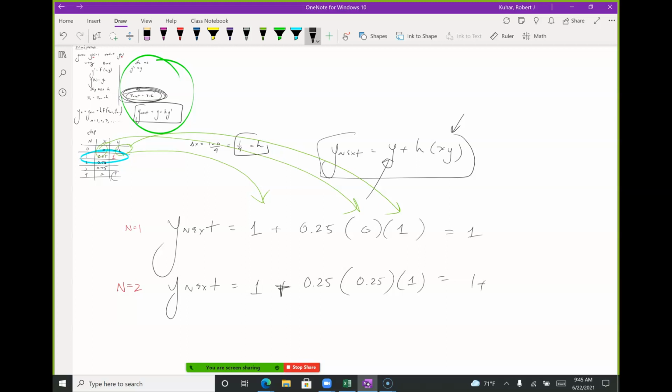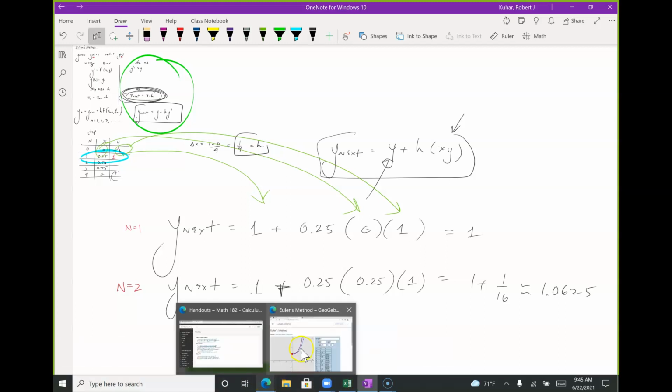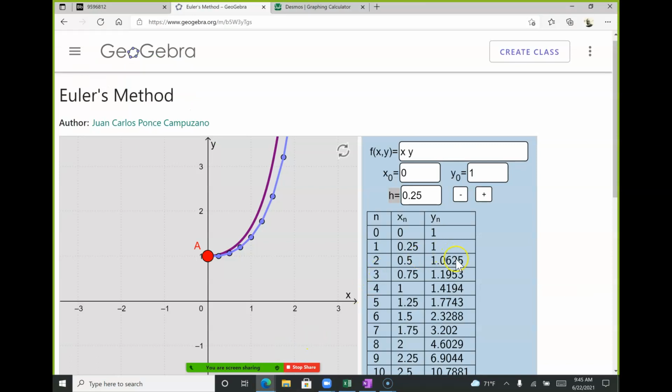I've got 1 plus 1/16, right? And that in a decent decimal, 1.0625. Now this is the key, looking at Euler's method here. Look at my next value for y. That's exactly what I just got, 1.0625.